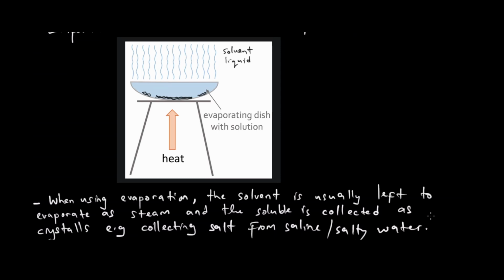So as I said, tichatarisa this process of collecting salt from saline, salty, kana kuti seawater in our next lesson.